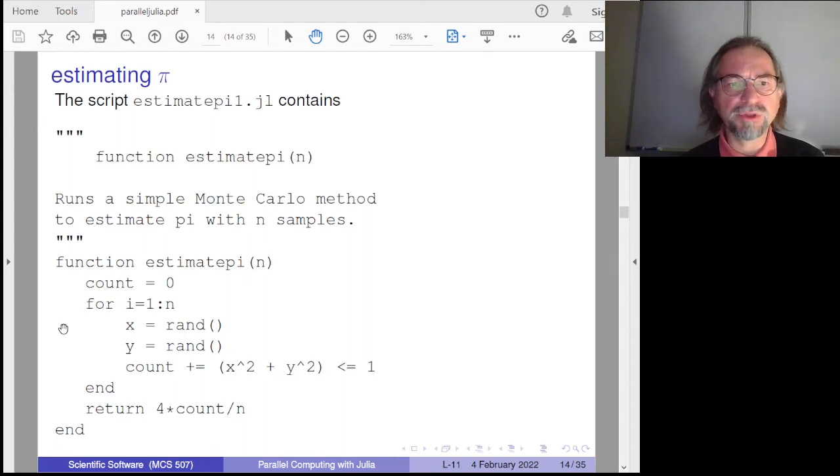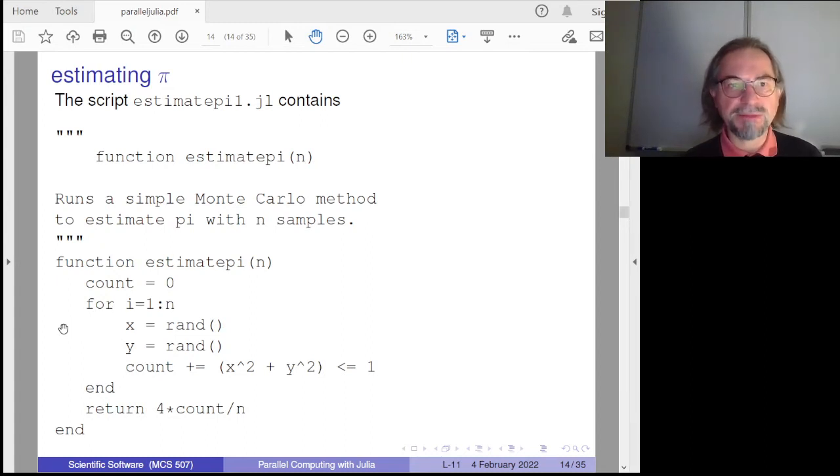Monte Carlo simulation can be viewed as throwing darts, counting every dart that lands as a success, and then averaging the number of successes versus the total number of trials. So here in this simple loop, we generate two random numbers between 0 and 1.